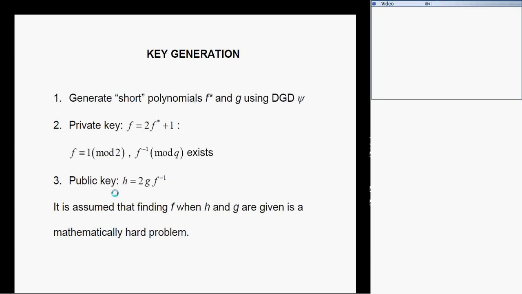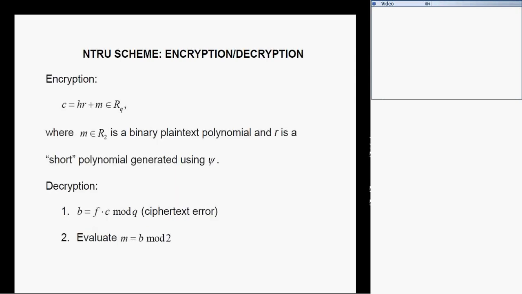So this is the conventional NTRU scheme, used for the case of ideal lattices. Instead of cyclic lattices, we deal with ideal lattices. And the fact that it's very hard to find f given H and G is the basis of the complexity. So now we have the private key and the public key. Let's look at the next step.